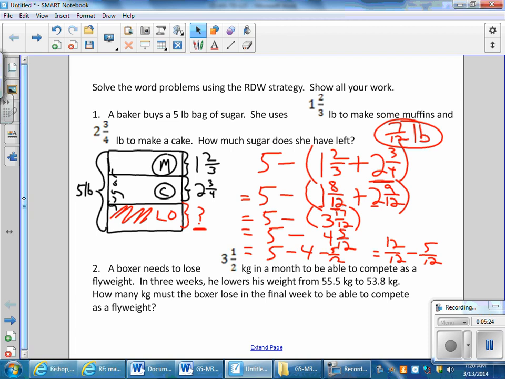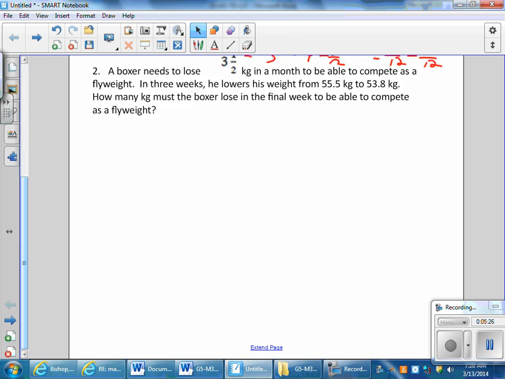Okay. Number 2. Read, draw, and then write. A boxer needs to lose 3.5 kilograms in a month to be able to compete as a flyweight. In 3 weeks, he lowers his weight from 55 and 5/10 kilograms to 53 and 8/10 kilograms.